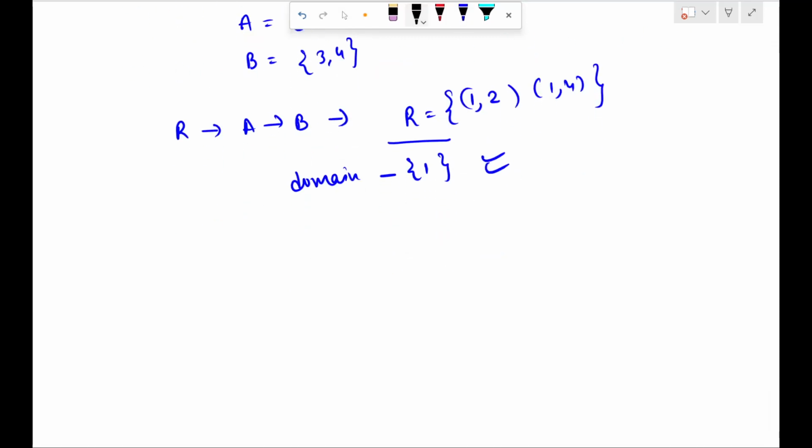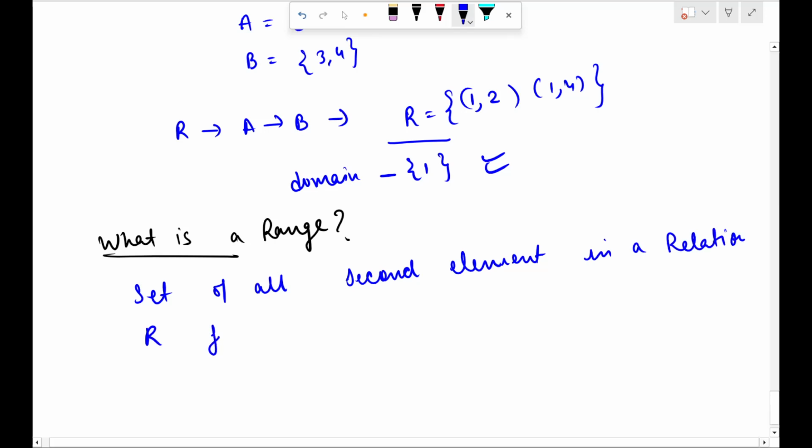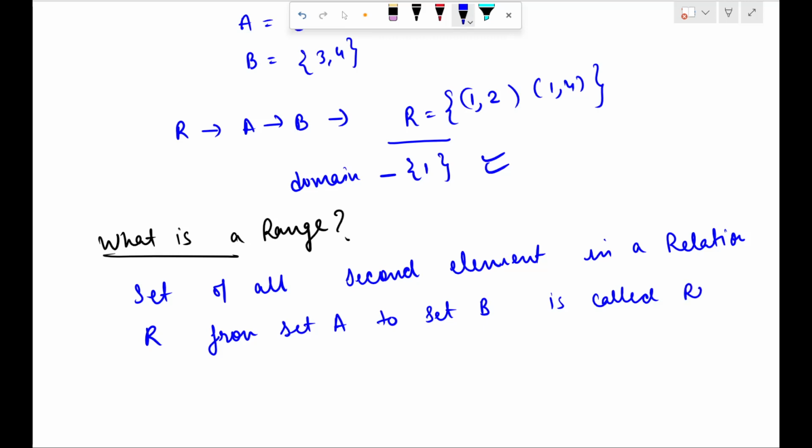Next we have what is a range. The set of all second elements in a relation R from set A to set B is called the range of the relation.